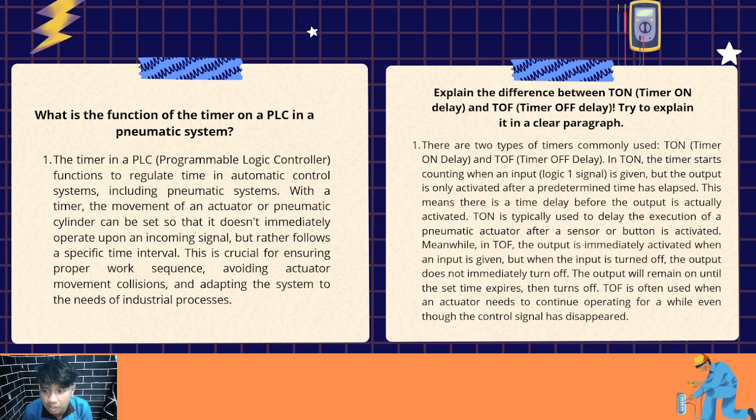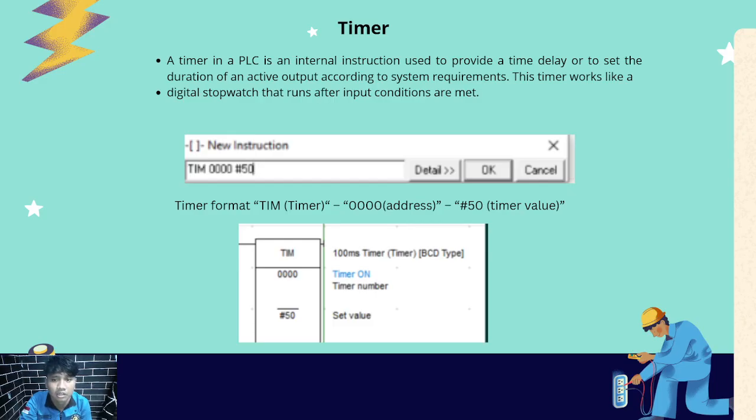The output will remain on until the set time expires, then turn off. TOF is often used when an actuator needs to continue operating for a while, even after the control signal disappears. The next slide.